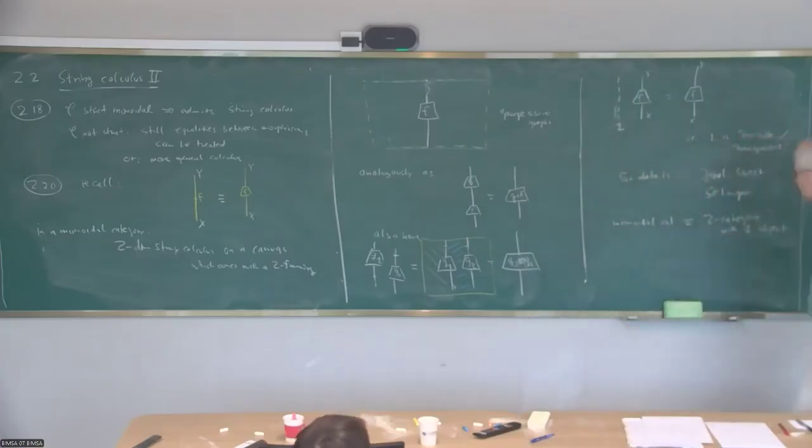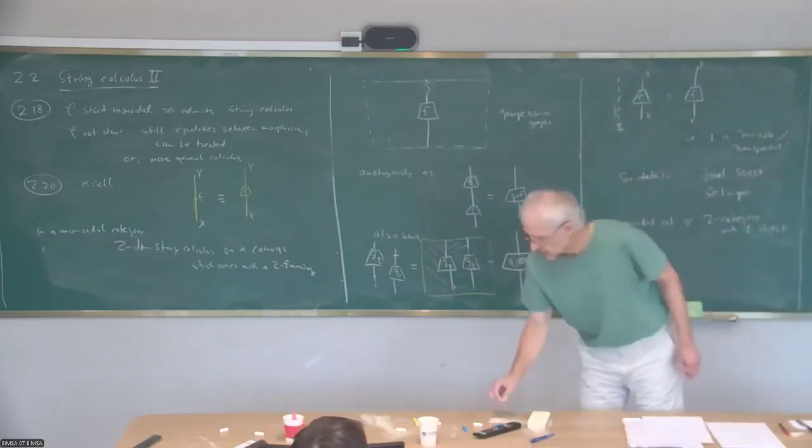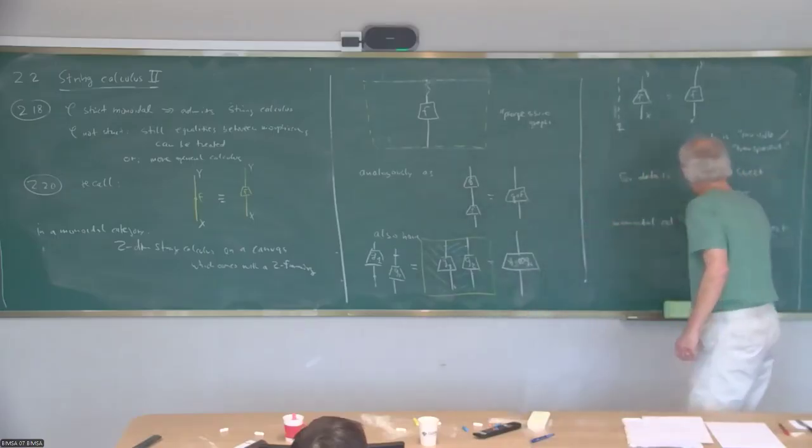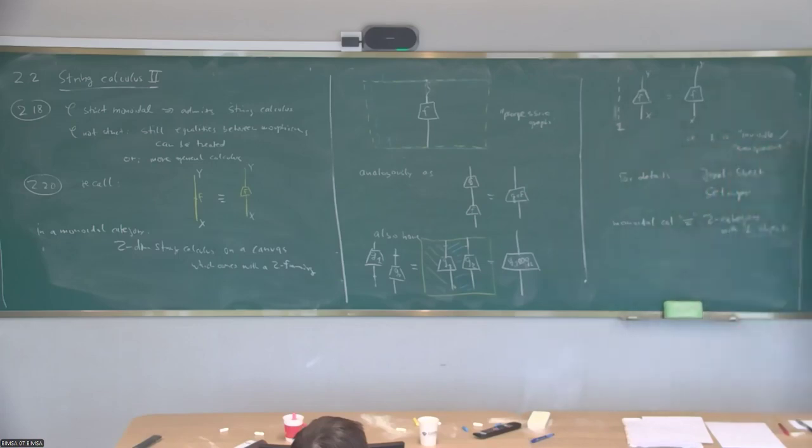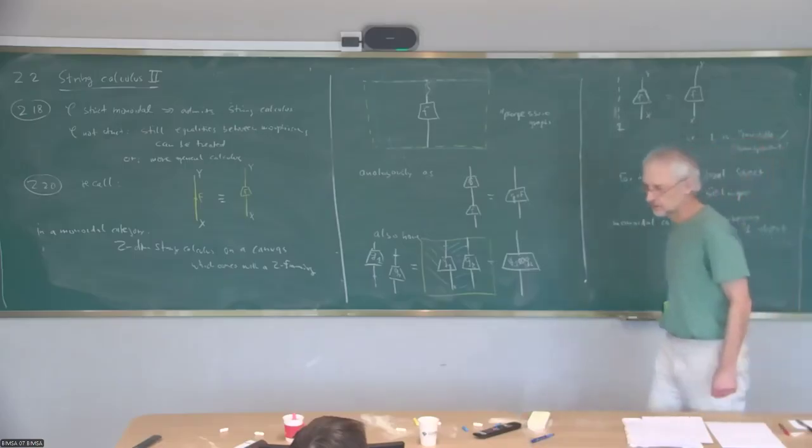To make this precise, when I say it's the same as, then really there is a notion of the delooping of a category, and the delooping of a monoidal category is the two-category with one object.